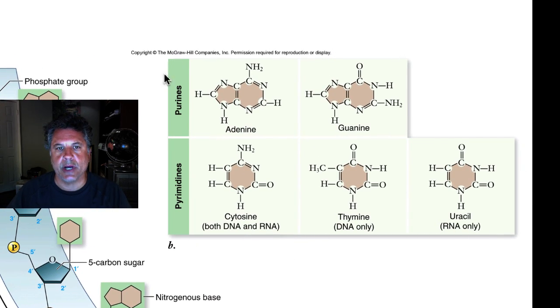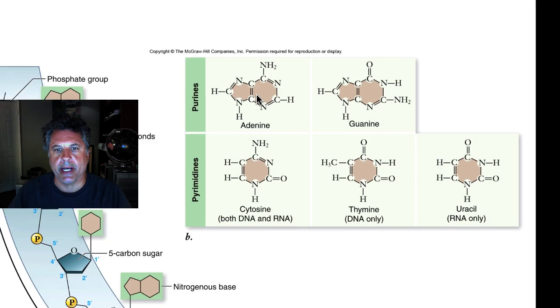DNA has 4 nitrogenous bases, 2 purines, adenine and guanine. These are double-ringed aromatic rings. Aromatic ring means that they're carbon rings mostly with double bonds, and the electrons in these double bonds can resonate around the ring.